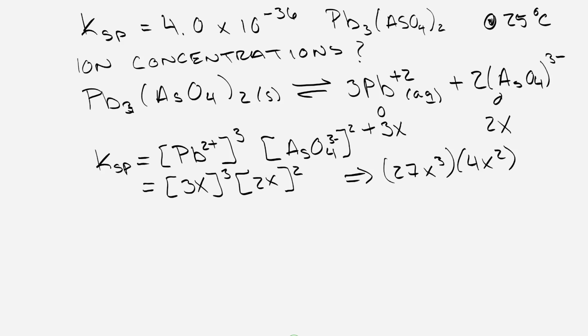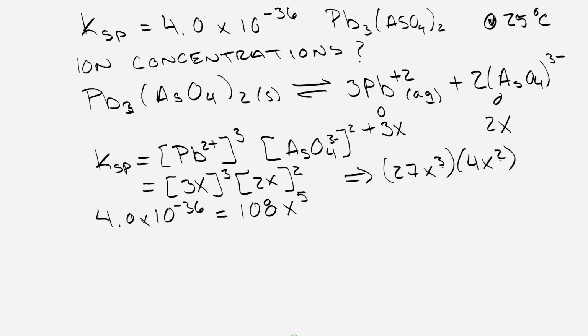And we get that KSP, so our 4.0 times 10 to the negative 36 equals 108 x to the 5th. So remember, with our exponents, we add when we're multiplying, so the exponents just get added together.